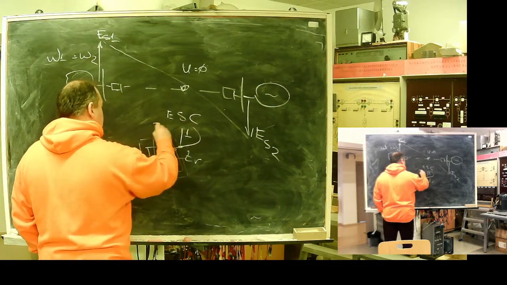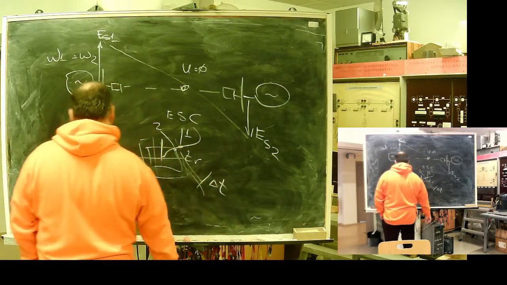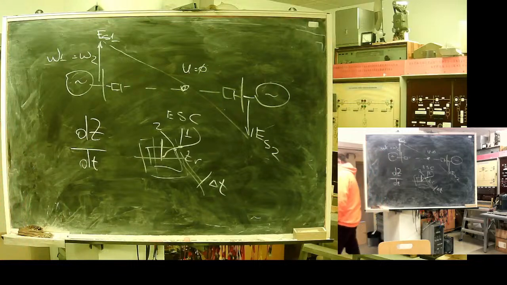Event 1, event 2, the time space between the outer and inner zone trip defines the first derivative of the impedance.